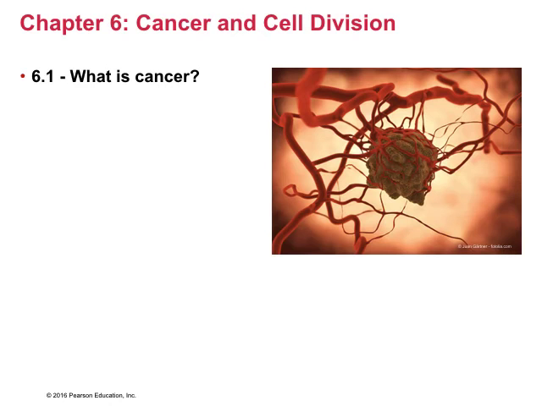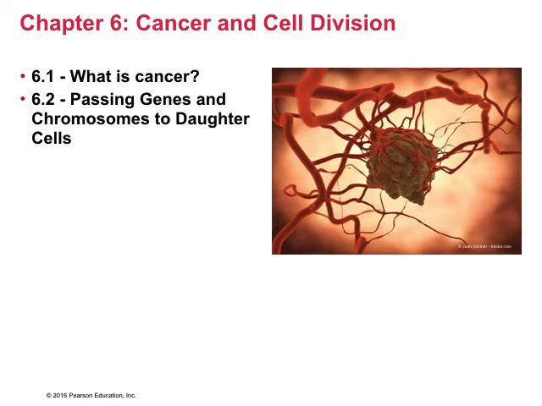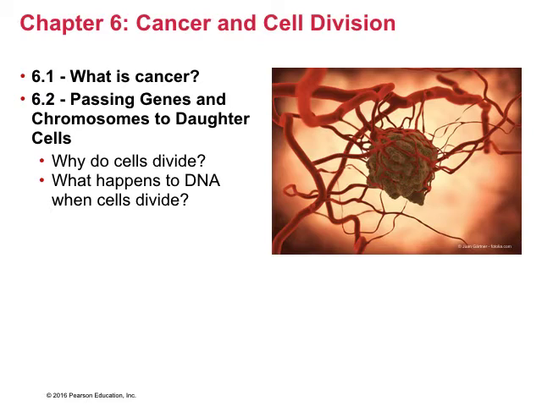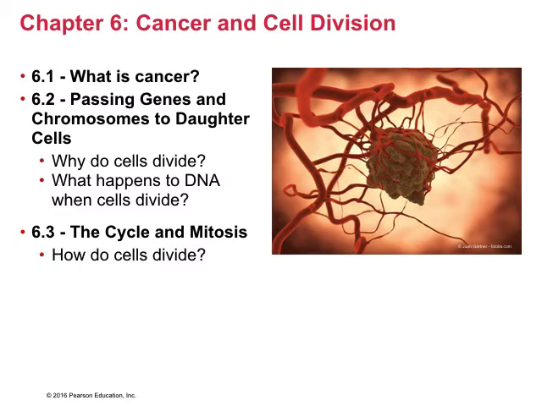So first, a brief overview of chapter 6. It has five-ish different sections. The first one is what is cancer. Second is how cells pass genes and chromosomes to daughter cells after they have divided. So in here we're going to look at why do cells divide and what happens to DNA when cells divide. So we're going to look at these two sections in this online lecture, and then on Tuesday we'll pick up with section 6.3, learning about the cell cycle and mitosis and how cells actually go about dividing.